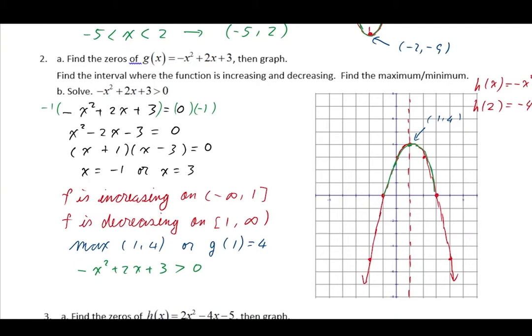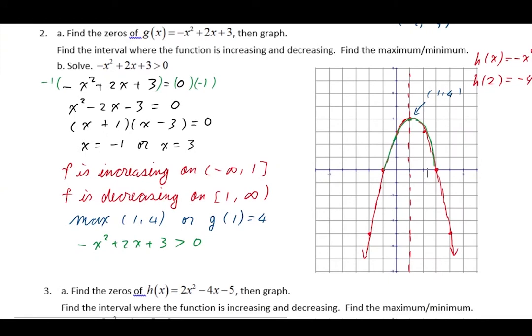This is where my y value is positive, and so we can say this is true when x is between -1 and +3. It's basically between these two zeros. These zeros tell us a lot of information about the behavior of the functions. So putting in interval notation, I'll do it both ways. So when x is between -1 and +3, also known as -1, comma 3 in interval notation.